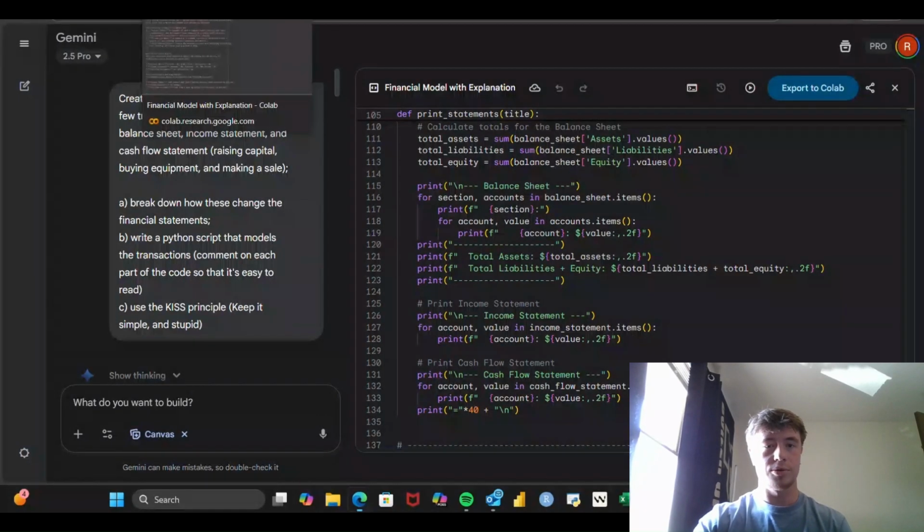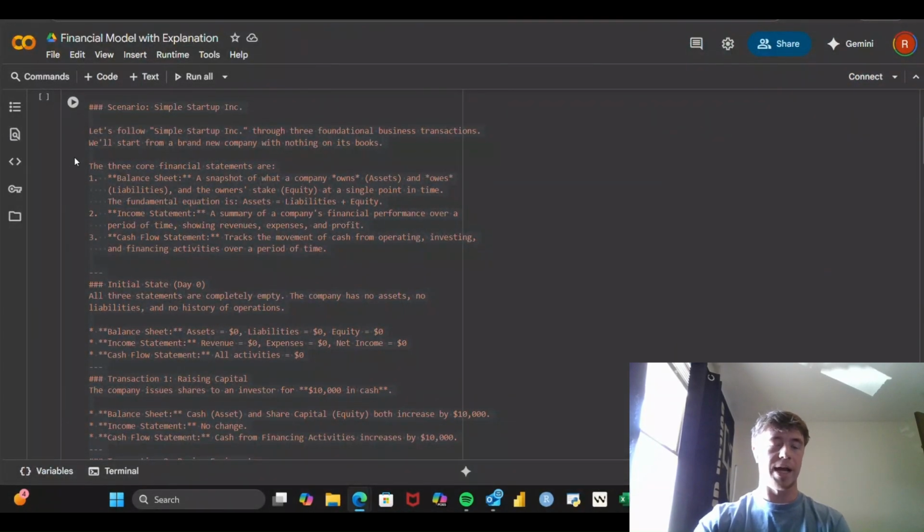Now, going to Colab, we have our example company, Simple Startup Incorporated. Before I go into these transactions for this example, I will first explain the three financial statements that we are learning about today. One is the balance sheet. This shows your assets and liabilities and equity, where assets equal liabilities and equity.